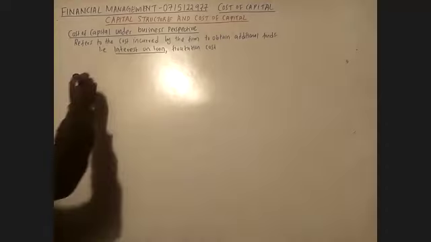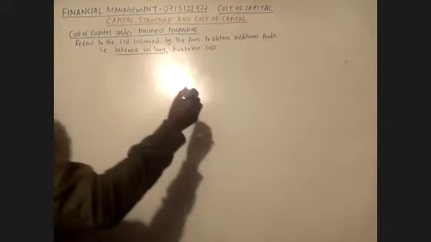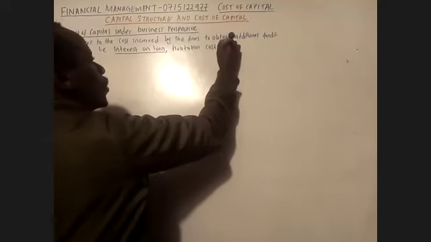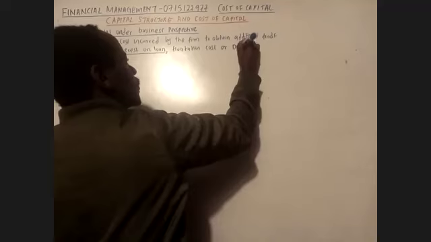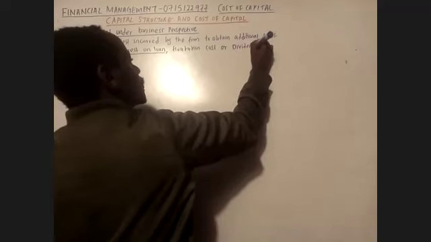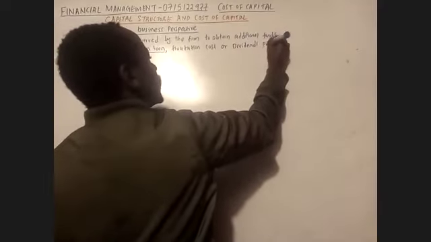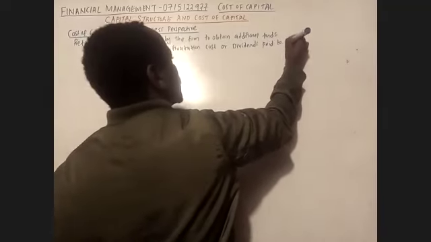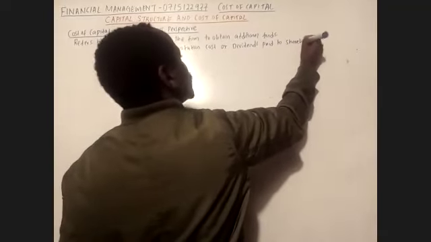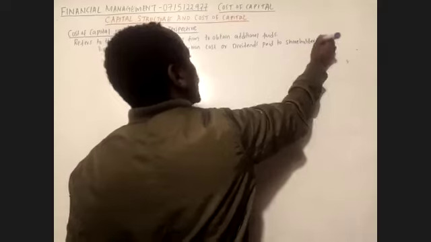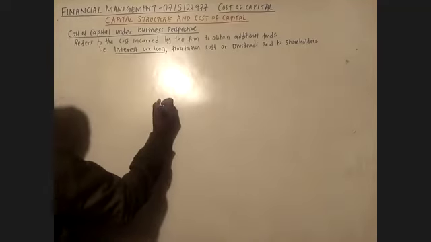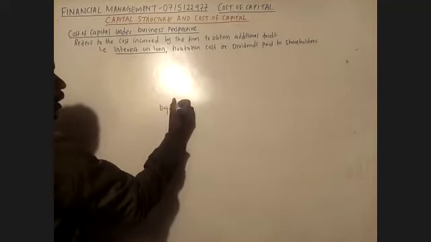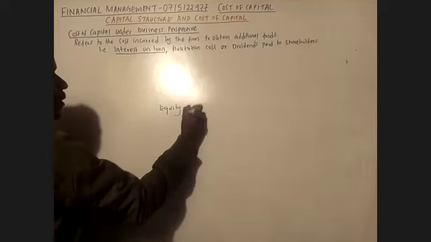Another cost is dividends paid to shareholders. For example, the firm wants to acquire funds through equity.